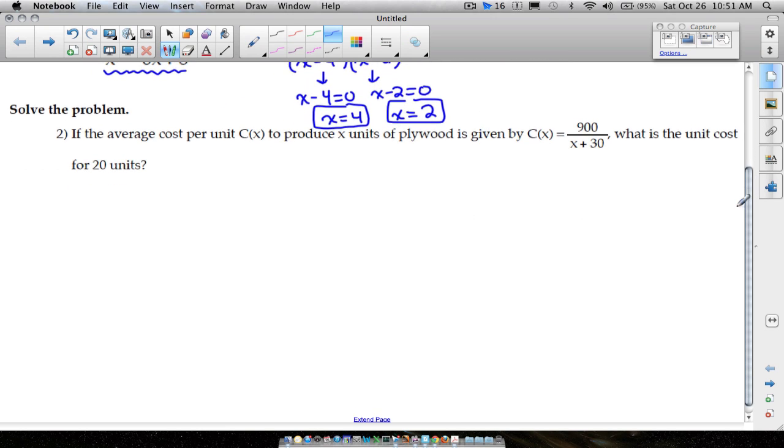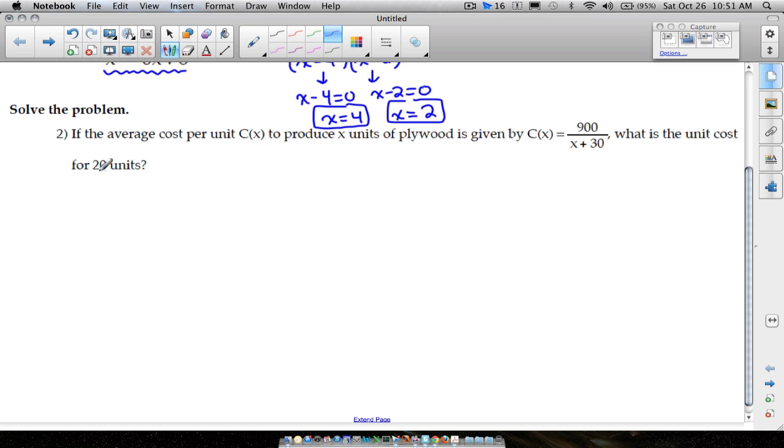Number 2, if the average cost per unit, C of x, to produce x units of plywood is given by C of x equals 900 over x plus 30, what is the unit cost for 20 units? So this rational expression, this function, gives you the average cost per unit.